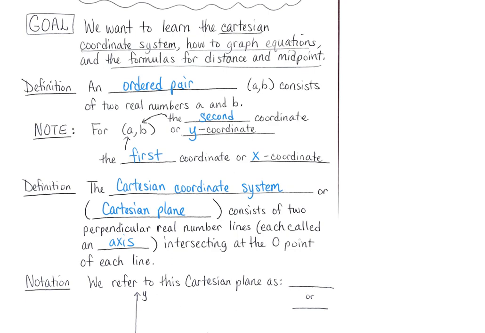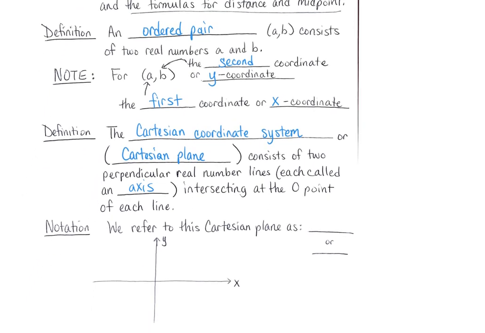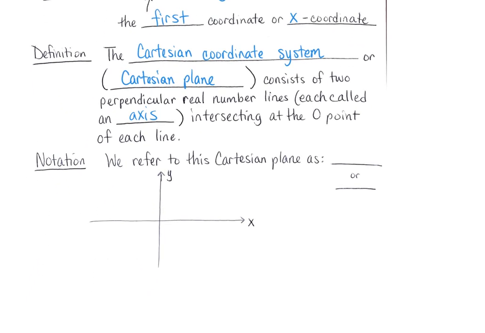So just notation wise, let's set this up. We refer to this Cartesian plane as R cross R. This R represents what? All real numbers, right? So R cross R, or we write R squared. So that's typically how we refer to the Cartesian plane, okay?